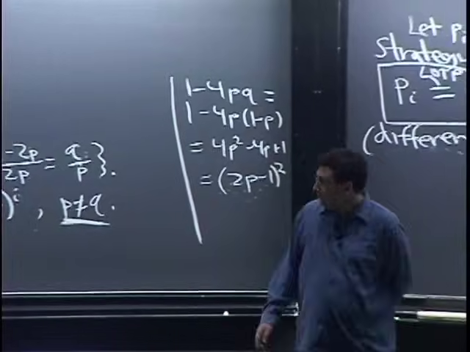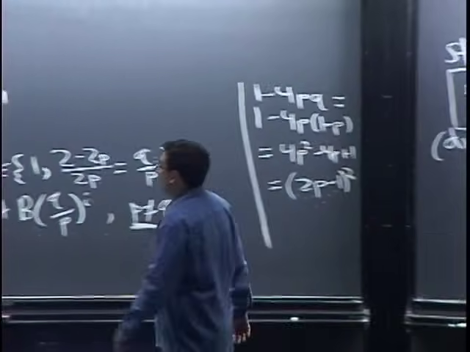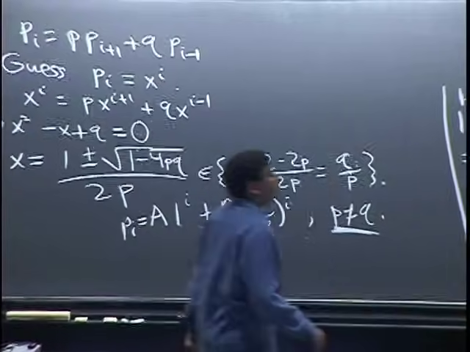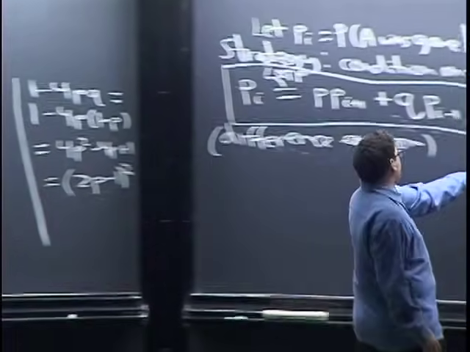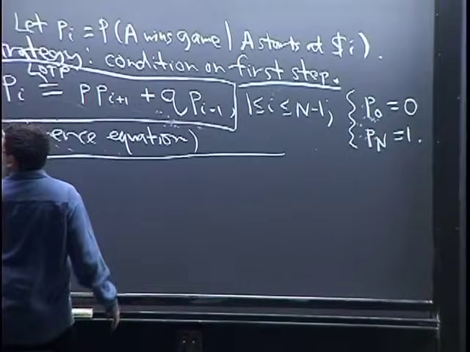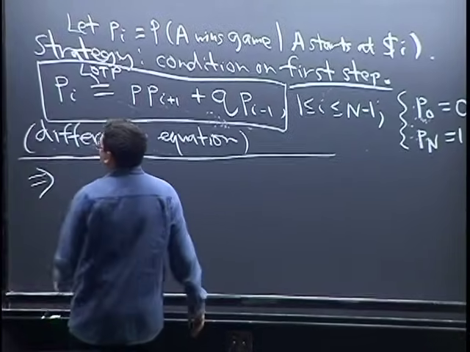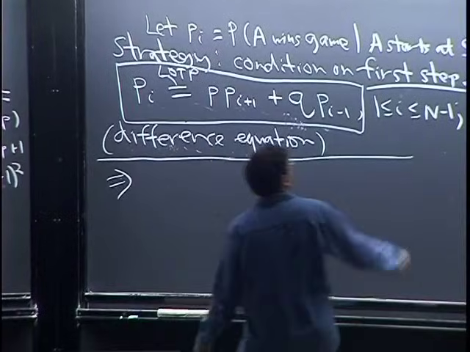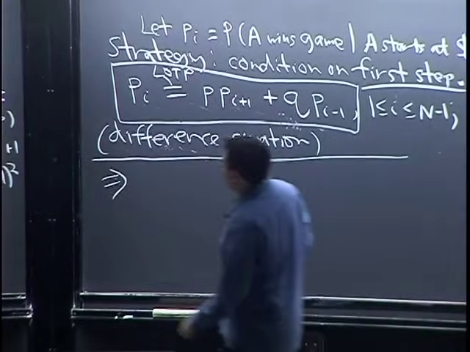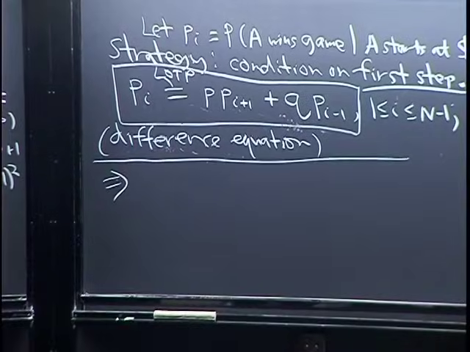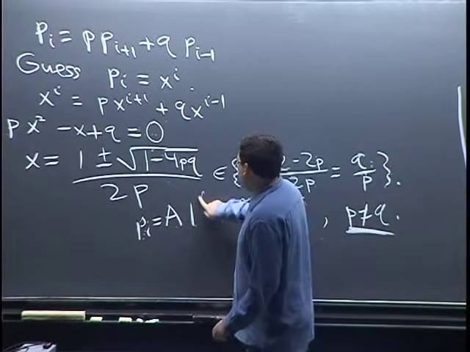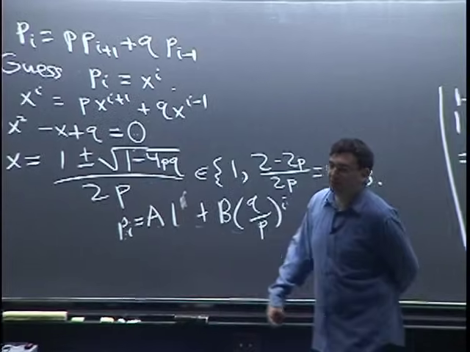Now we're almost done with this calculation, so I'll just write the answer here. If we now plug in p_0 equals 0 and p_n equals 1, p_0 equals 0 you can do in your head. I'm going to get rid of this ith power here, since 1 to the i is 1.